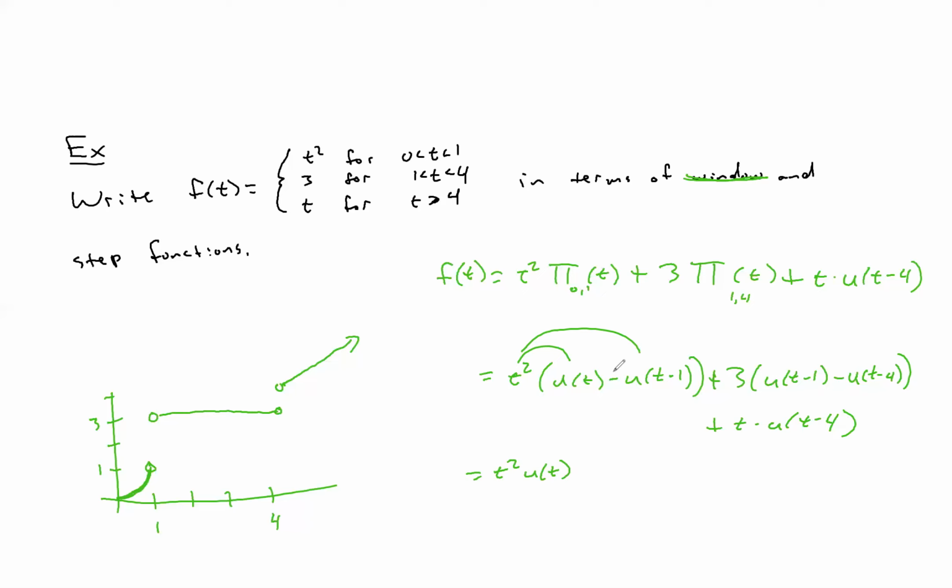And then I would have minus t squared times u of t minus 1. Then I also have a plus 3 times u of t minus 1. So I could write that as 3 minus t squared times u of t minus 1. I've got 3 here and then a minus t squared here. So 3 minus t squared.